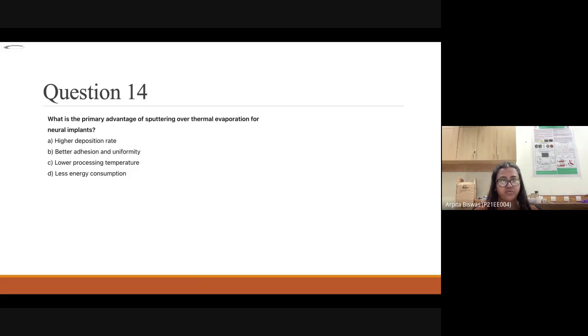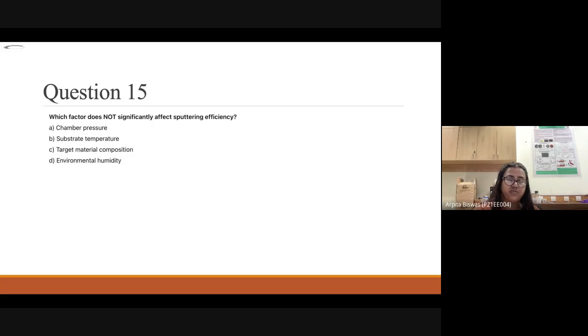Yes, option B is the right option. Better adhesion and uniformity. Good.